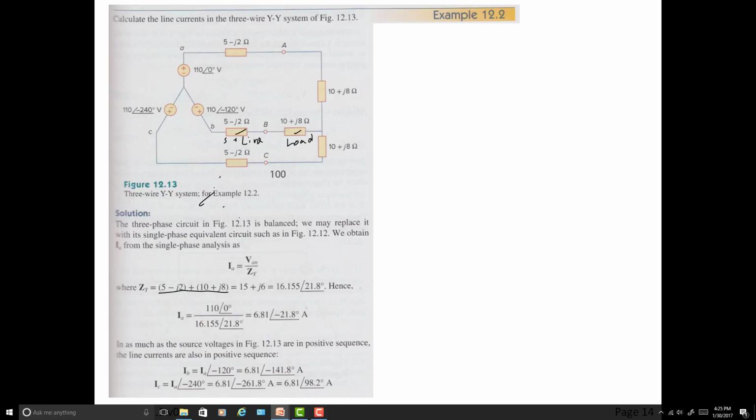Because if you keep backing it all the way up and make your loop here, you start here, and you go through the source, and you've got these two in series, and you get back to this point, and this point is a neutral point that connects back to here, right? So if we're going to do it as how much current is in line A, we can just treat it that way. And so that's all that's going on here.